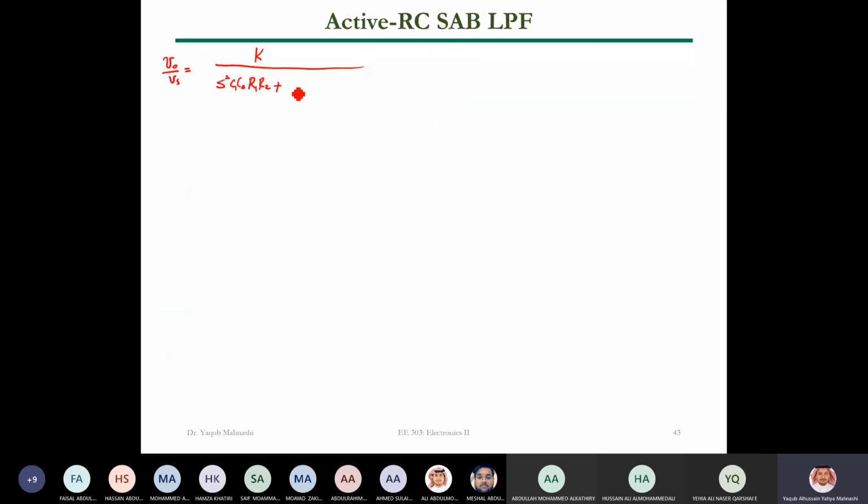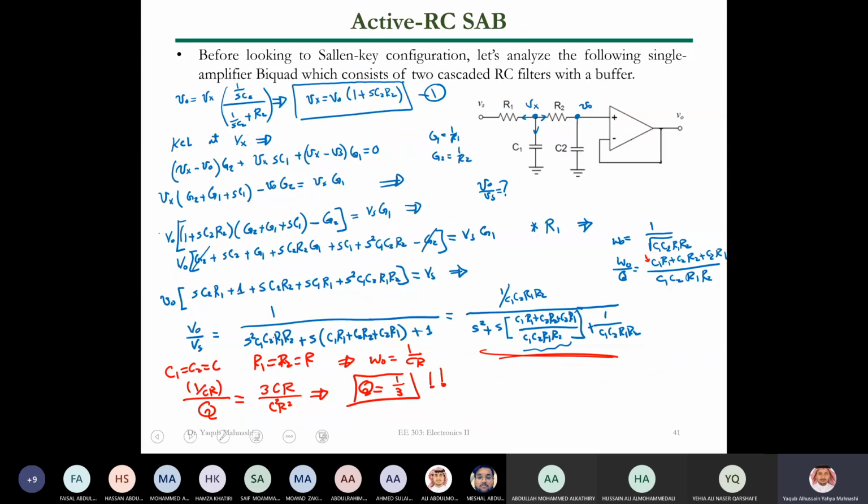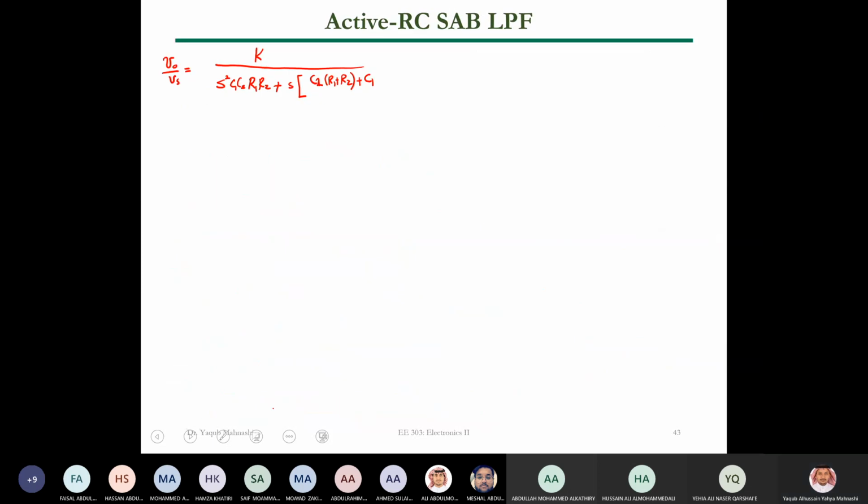So this one will be S, C1, C2, R1 plus R2 plus C1. What about C1? We have C1 from here, which is C1, R1, and we have C1, R1K from here. So maybe I can say C1, R1, and then I have 1 minus K.